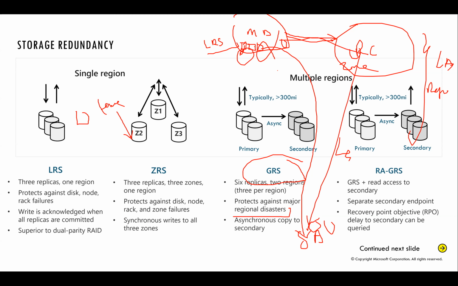So which means at any point in time, there may be a gap in the version of data that you have in the primary region and the secondary region. For synchronous, there will be no gap because the read-write operation would not stop until that of the secondary copy is created.